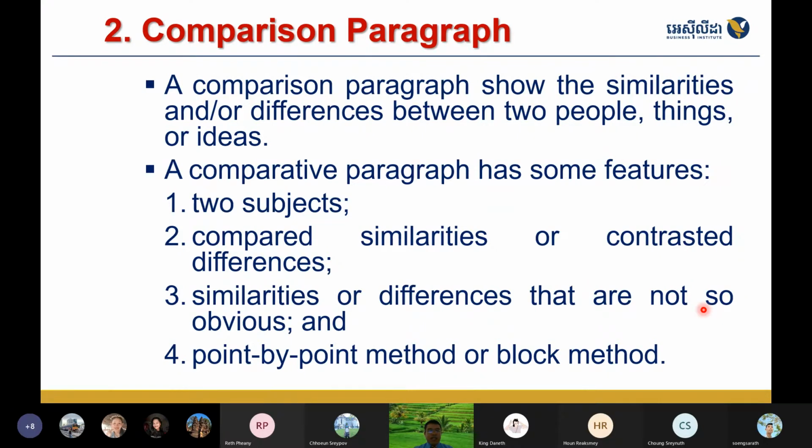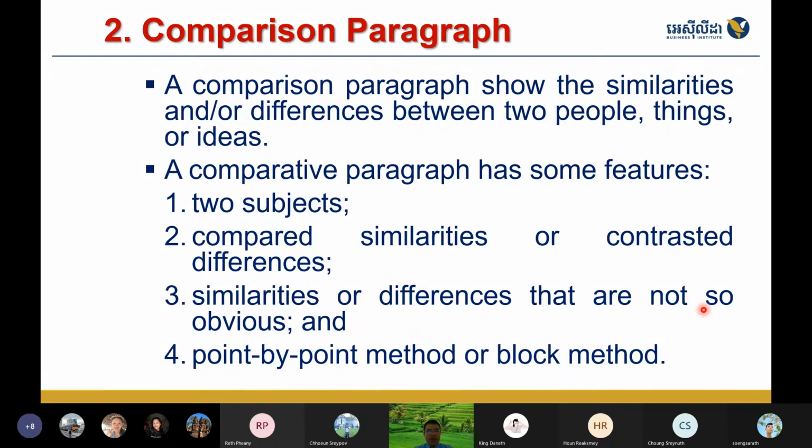So it means that if you want to compare two people, two things, or two ideas, sometimes they are similar and different, but not so obvious. And the last one, you can use two methods. The first one is you compare point by point, or you compare by block method.